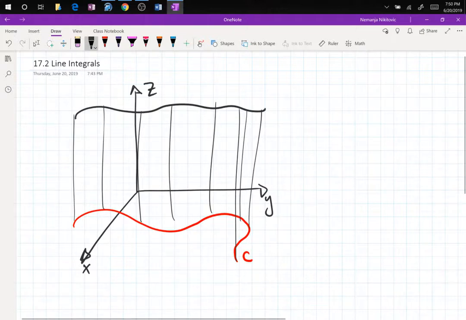The curve C on the bottom is wavy, could be a circle, could be whatever you want it to be.